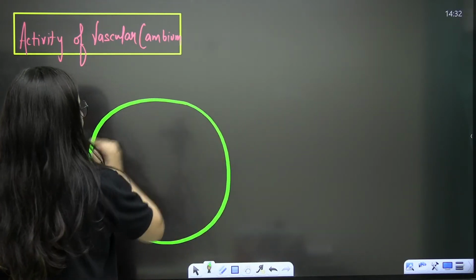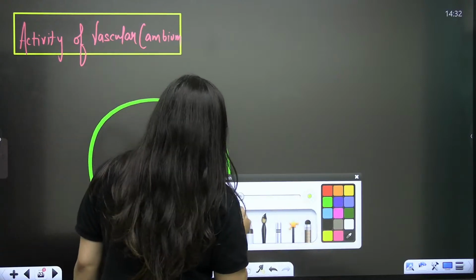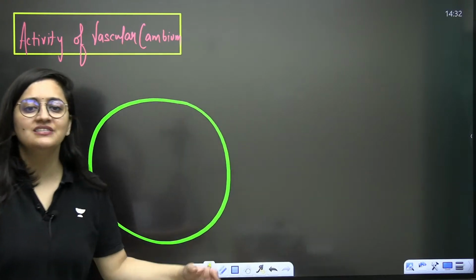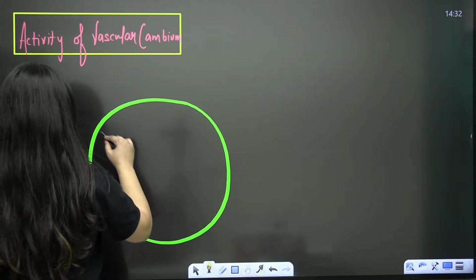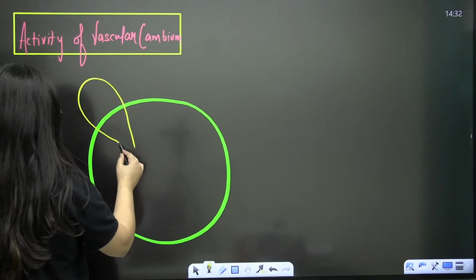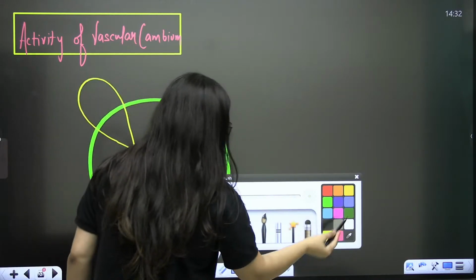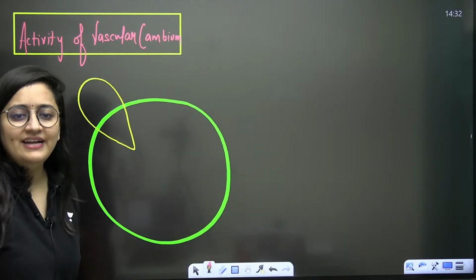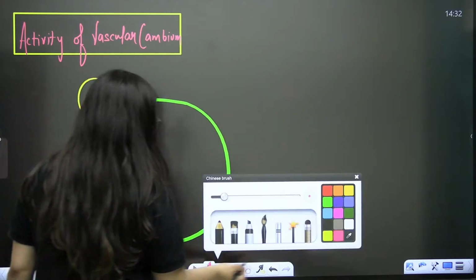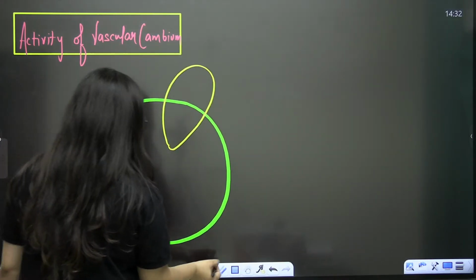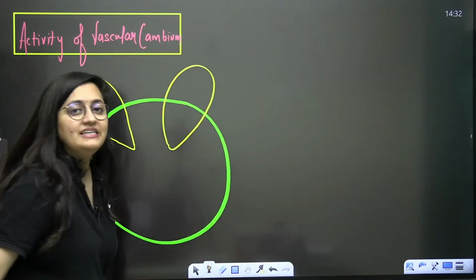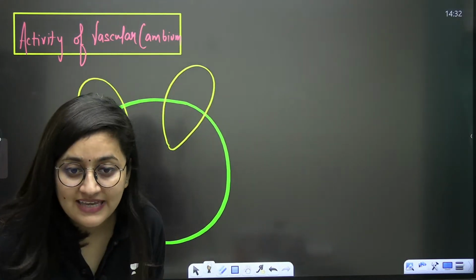Obviously, it is meristematic. If it is meristematic, what will it do? It will form the cells, yes or no?